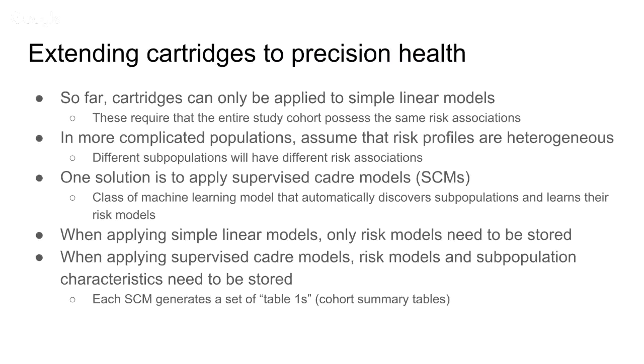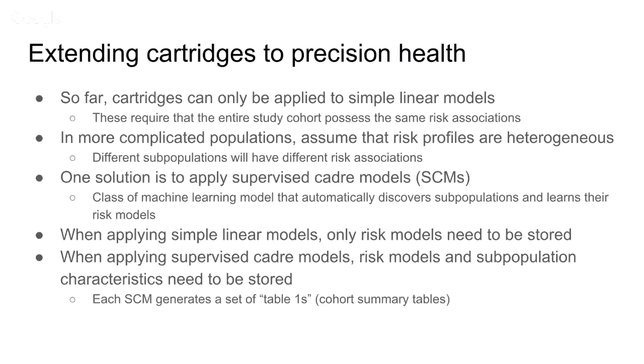That's probably not the case for a lot of interesting questions. So if you wanted to make this better, you would let risk profiles vary within the population. But because of this combinatorial search space, you really can't enumerate every possible cohort and test that association.